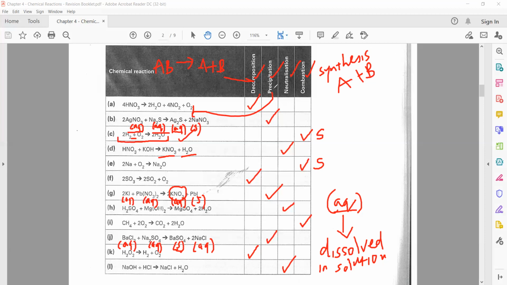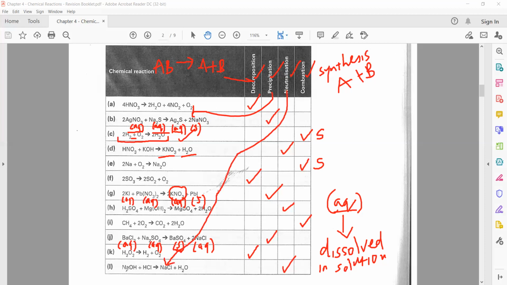It's characterized by the formation of a solid, undissolvable precipitate as one of the products on the right-hand side. And neutralization reactions are basically reactions that involve the formation of a metal salt.